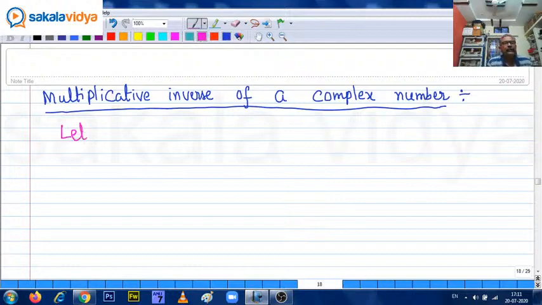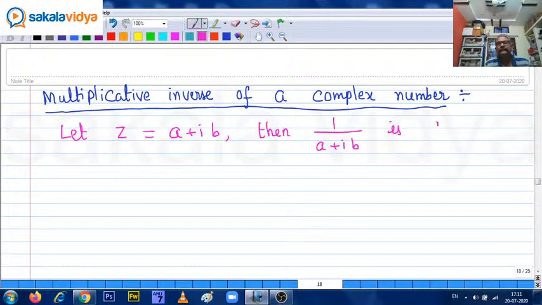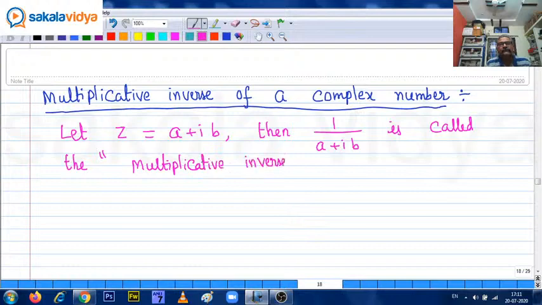Let z is equal to a plus ib, then 1 upon a plus ib is called the multiplicative inverse of z.